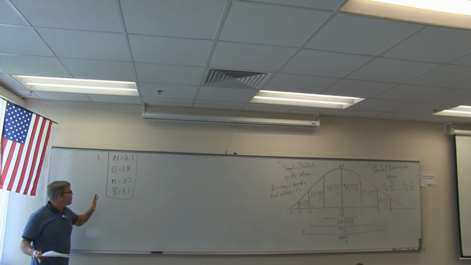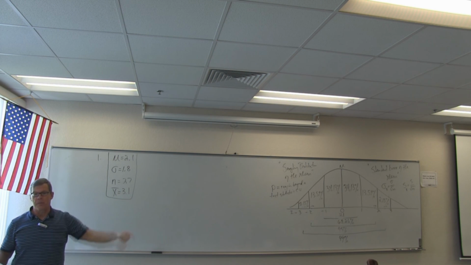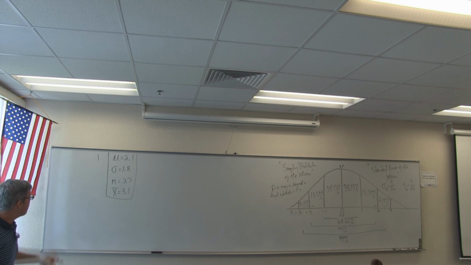The question now becomes, is this significantly heavier than the population mean? What I'm trying to ascertain, where does this individual sample mean, just like last time, fall on the sampling distribution? Class, if this sample mean falls somewhere in the middle, what's my decision going to be based on the null? Very good. Don't ever forget that. Accept the null.